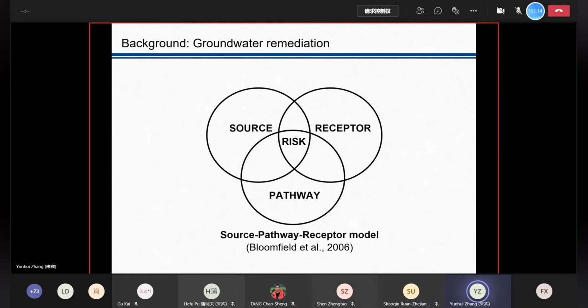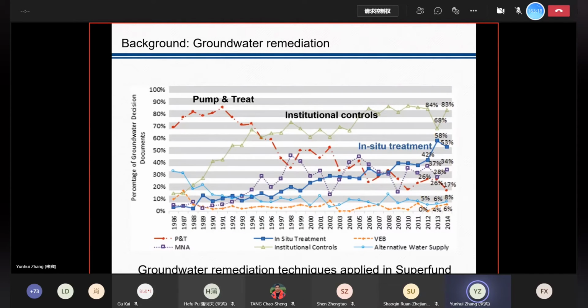When it comes to groundwater remediation, this figure shows the different groundwater remediation techniques applied in the Superfund in the US this year. It can be seen that the in situ treatment methods of groundwater contamination are attracting increasing attention and have been applied with increasing frequency.